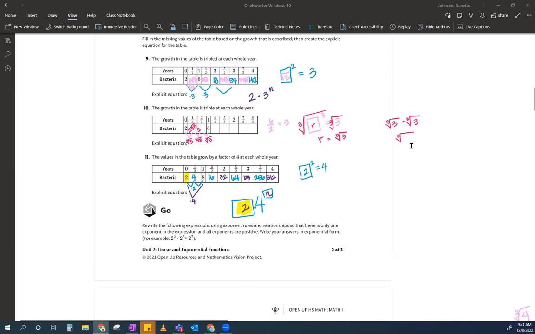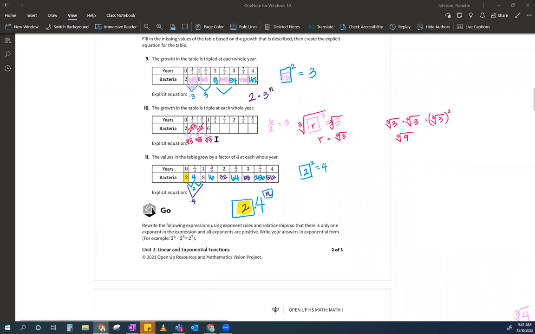So it's just the cube root of 9, or you could rewrite it as the cube root of 3 squared. I'm going to rewrite it as the cube root of 3 squared because that's what my function is going to kind of look like. So I'm going to put 2 times the cube root of 3 squared. And then I'm going to write all of those in there.